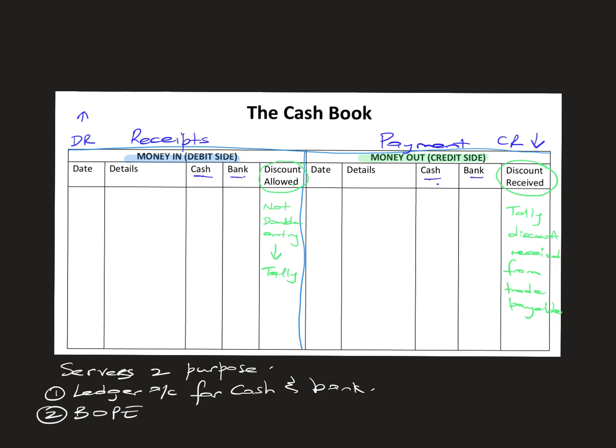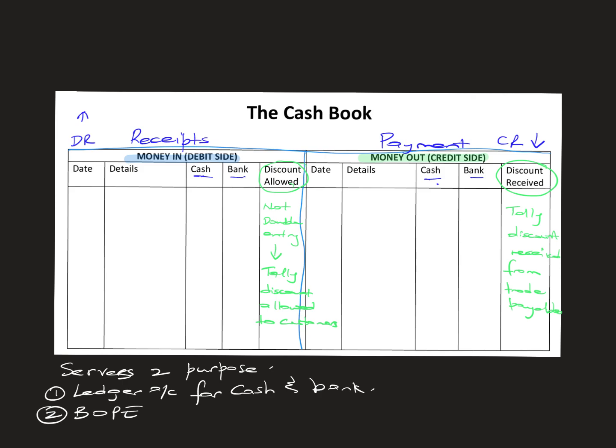It does not form part of the double entry. Tally means you're creating just a list, okay? And what are you listing? It's discount given or allowed to customers. And so these do not form part of the double entry.